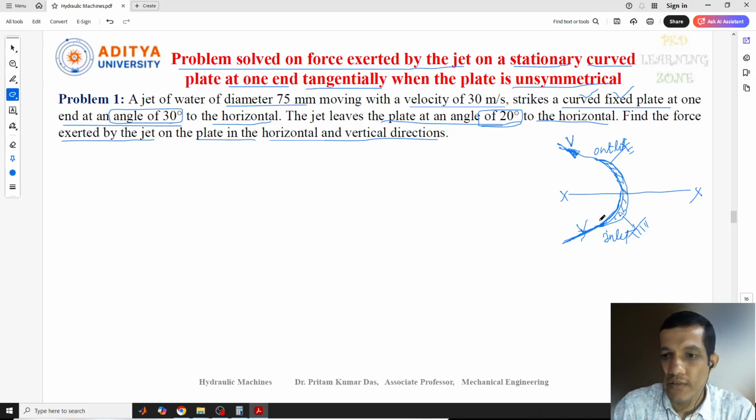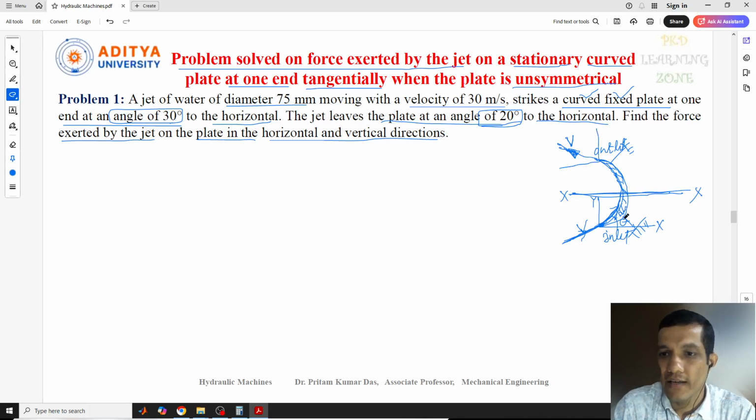Now the velocity of this fluid makes an angle to the horizontal, that is, to the x-axis. This is the jet of fluid with velocity v, this is the x-axis, and this is the y-axis. This angle is theta, and the same velocity leaves at the outlet condition.